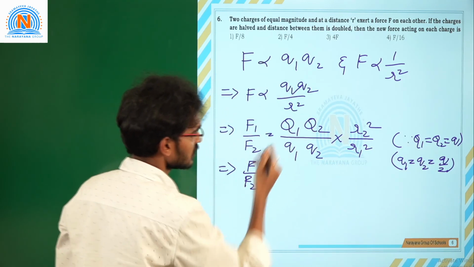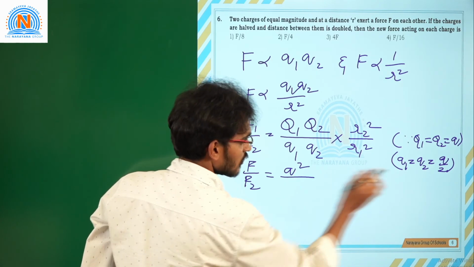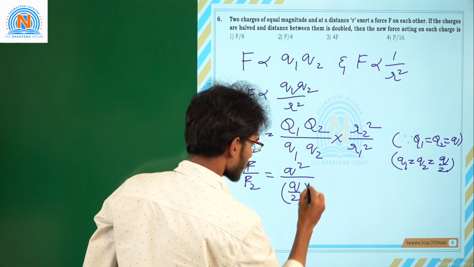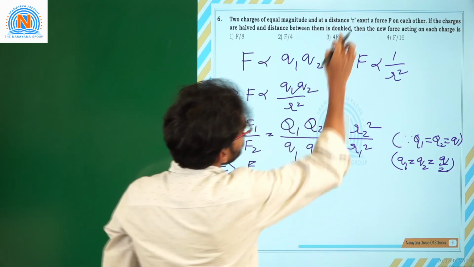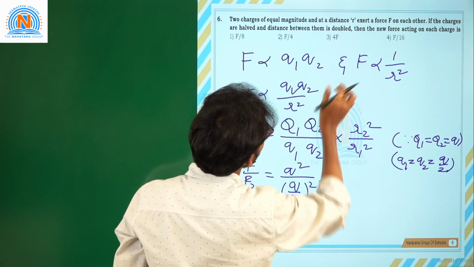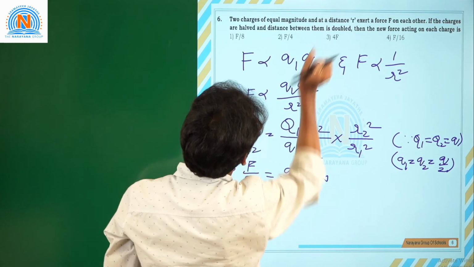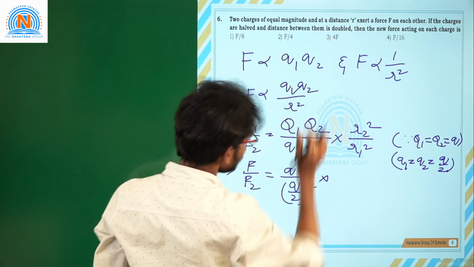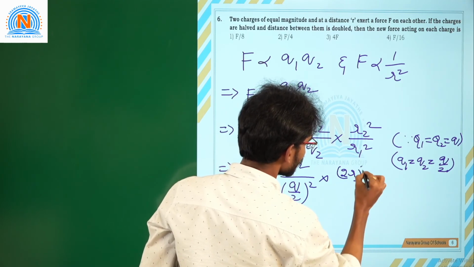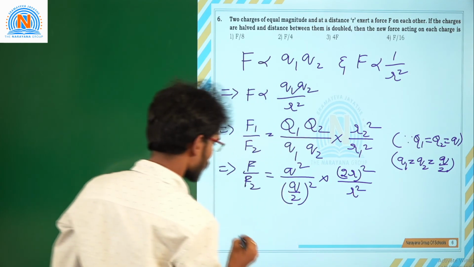Substitute these values in the equation: Q square by (Q by 2) whole square, into the separation distances. The distance between them is doubled, so R2 is equal to (2R) whole square and R1 is equal to R square.